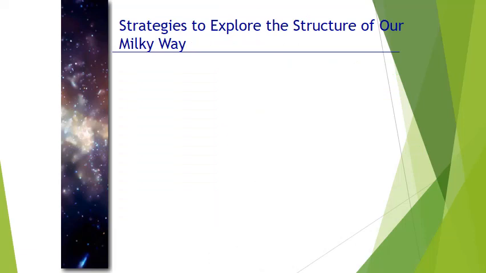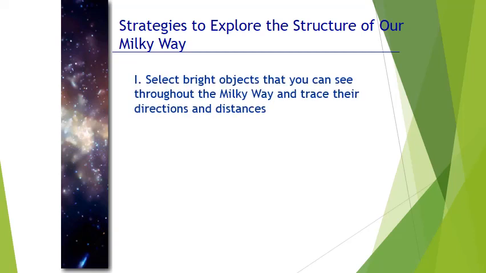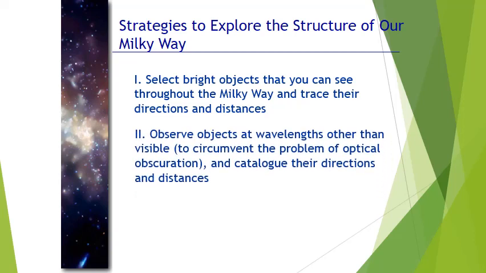So as I already mentioned, we don't have a selfie of the Milky Way galaxy, so how do we know what it looks like? Well, it's kind of like if you don't have an overall picture, but you can start to fill in some of the pieces, it starts to take shape, and that's the way essentially astronomers do it. They first of all try to find bright objects and use different techniques to determine the distance to those objects and their directions of motion.